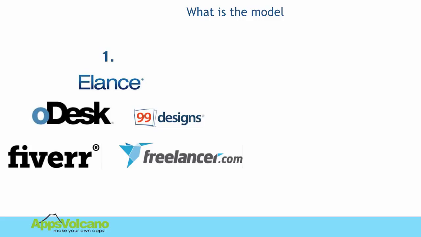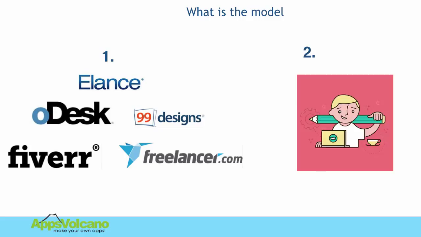Then once you post the project, you get the proposals from freelancers, and you get the price and time frame. You need to check the history, the earnings, the feedback. You need to make sure that the candidate you are about to choose is the right one. And if you are happy with the proposal, with the candidate, you simply select it and proceed with the project.